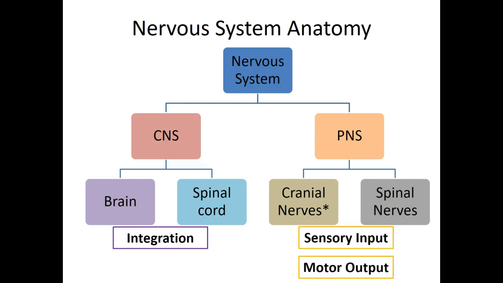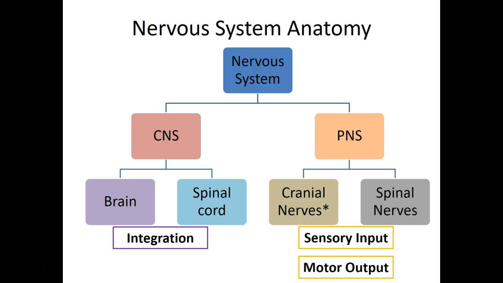Okay? And so remember, the central nervous system is involved with integration, and the peripheral nervous system is sending information out and then carrying out or executing any plan that was generated by the central nervous system.